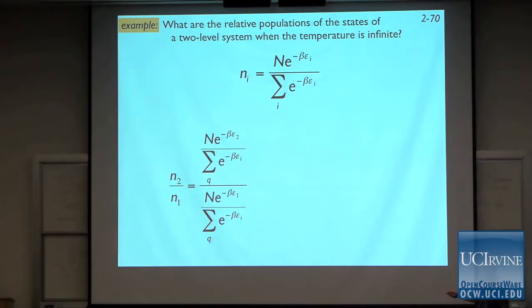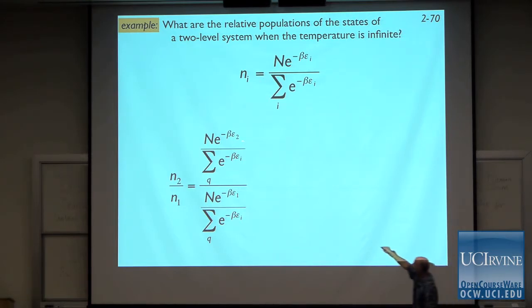This happens to be a case that we encounter all the time. Here's our equation for the population of some state i. 2 states, so let's call one state 2 and one state 1. Let's write one of these equations for state 2 and one of these equations for state 1.